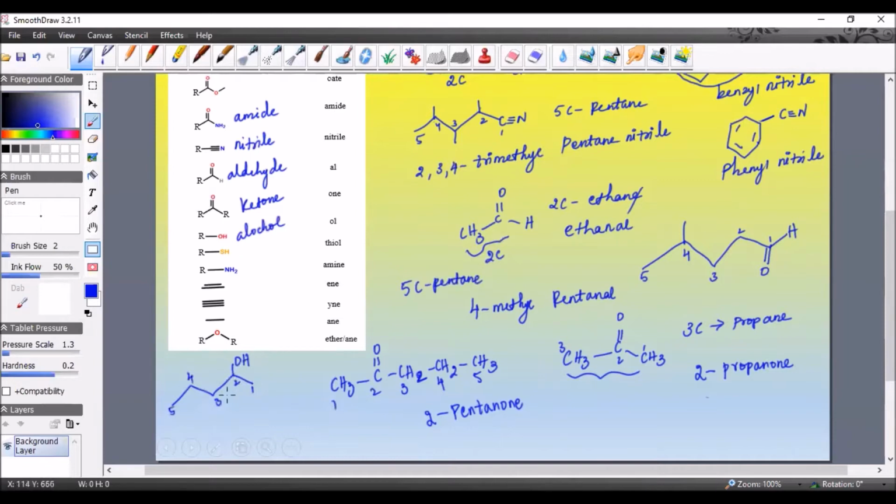So 1, 2, 3, 4, 5 is pentane. So pentane, get rid of the E, write the OL, pentanol. Where is the hydroxy group or the OH group physically present? It's in the second position, so it's 2-pentanol.